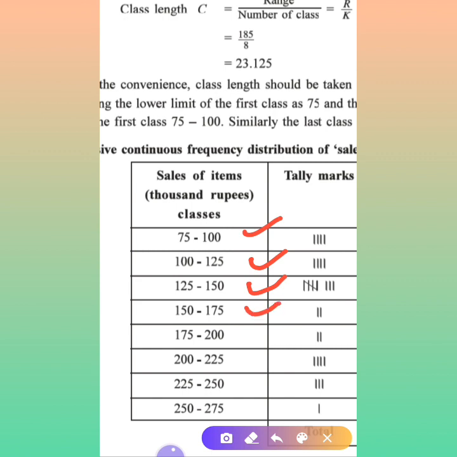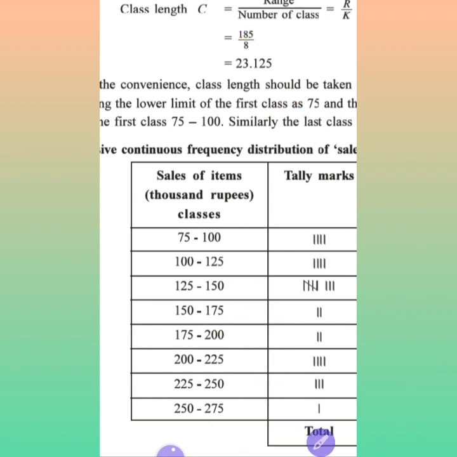In every class the difference is 25, because above, since it was 23.125, we have taken the class length as 25. Then the next classes are 175 to 200, 200 to 225, 225 to 250, and 250 to 275.